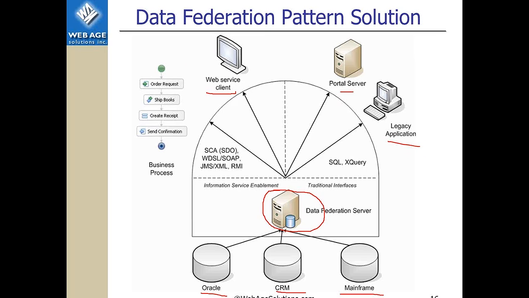The data federation server enforces execution of business processes so that it would maintain some state for the session in order to complete an order request and things like that.